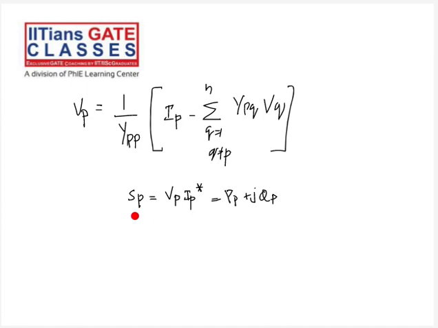So instead, what we do is that we take PP minus jQP equal to VP conjugate IP. And what does that mean? IP is PP minus jQP divided by VP conjugate.